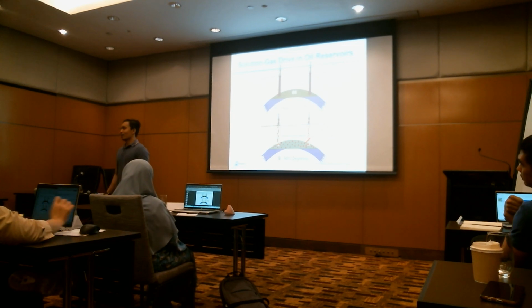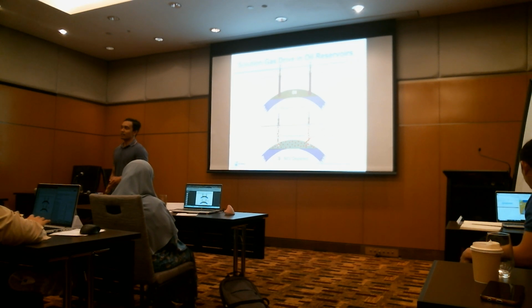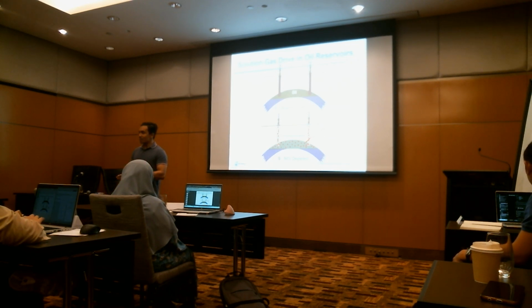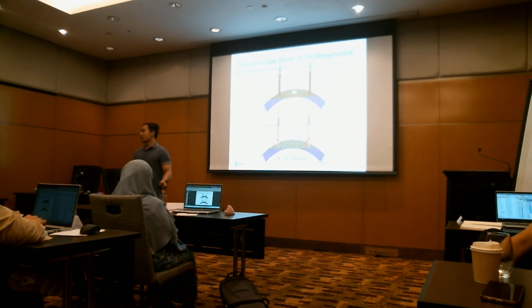At a certain time, you will see what will be the dominant drive. You plot it by time, based on pressure, oil rate and so on. It's basically called the postulated material balance equation.